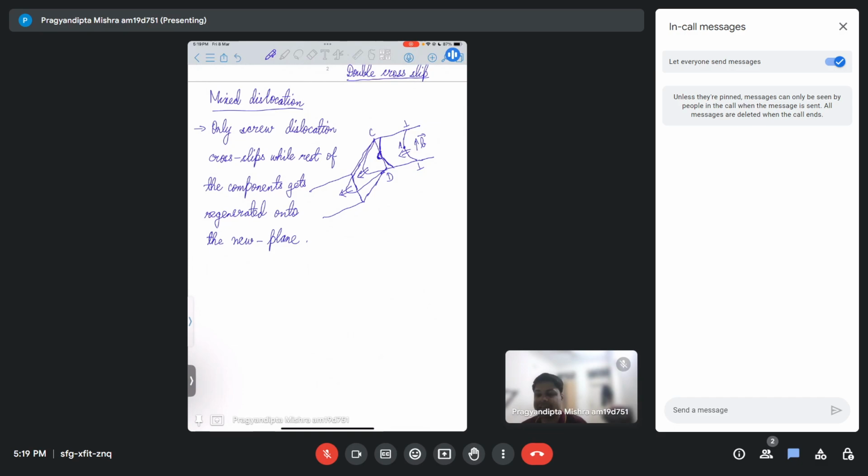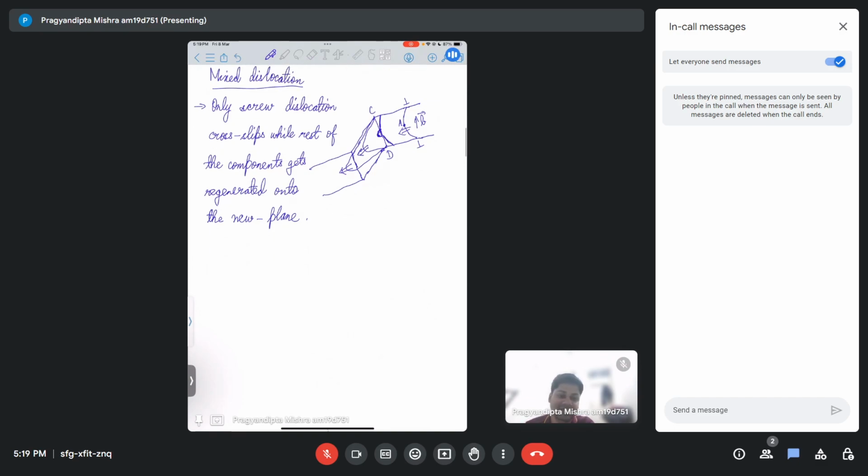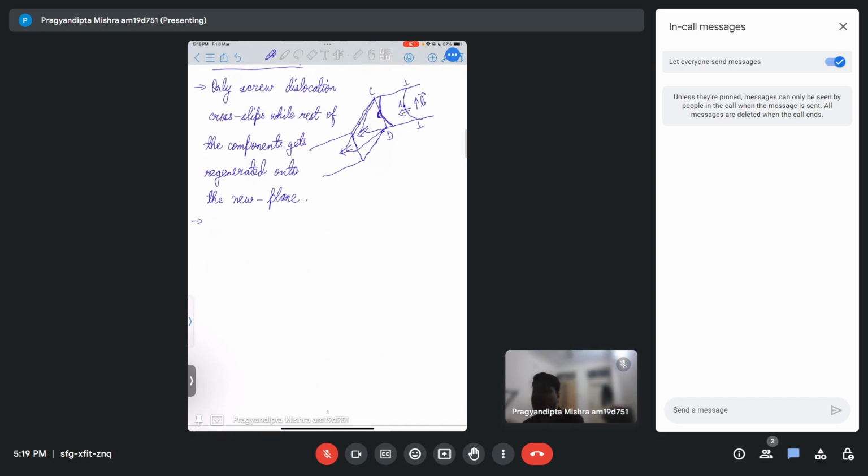One important thing to note is that this particular type of motion is only possible when the intersection line, the line where the cross slip is happening, is along the Burgers vector, which means that this line, this CD, has to be along or parallel to the Burgers vector.